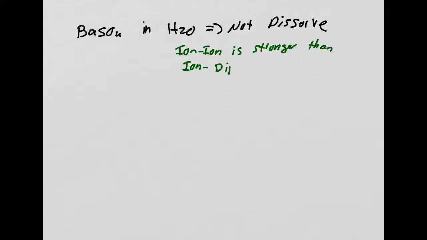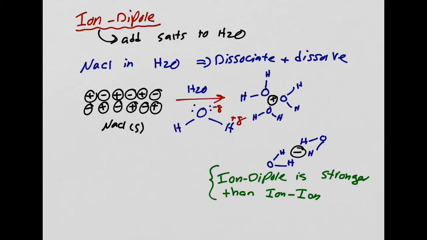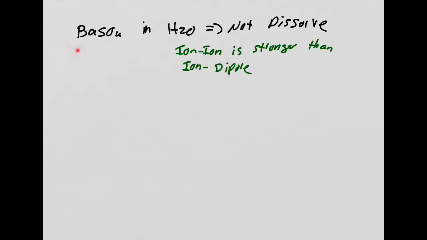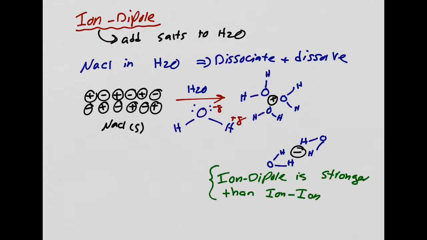So the ion dipole is basically the interaction between water and these charges. Here, the ion dipole was pretty strong. That's why you could break it up. Now, for barium sulfate, these ions are held together really, really tightly. So the water cannot break it up. And we say ion is stronger than ion dipole. So here's the ion dipole that I just talked about.